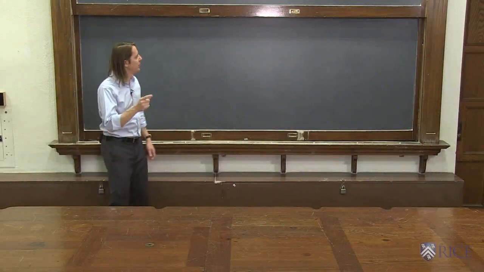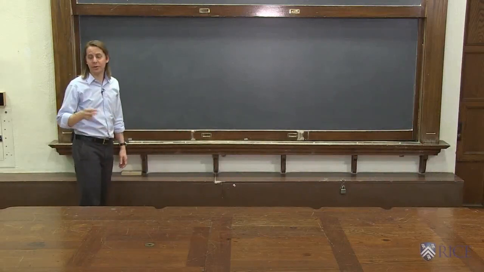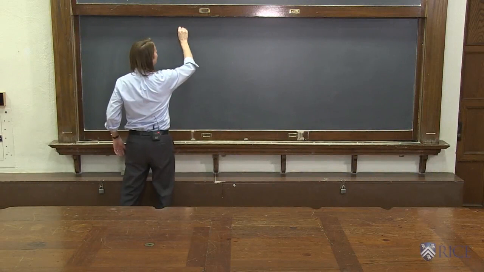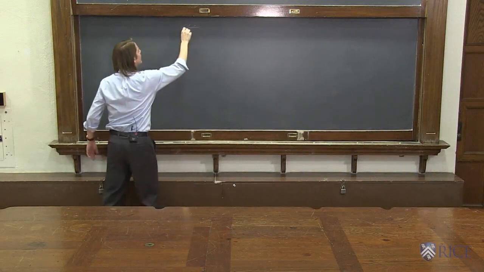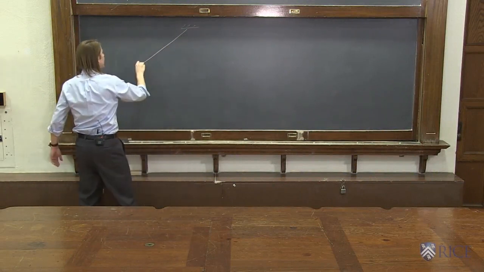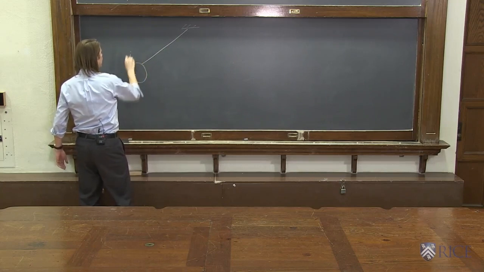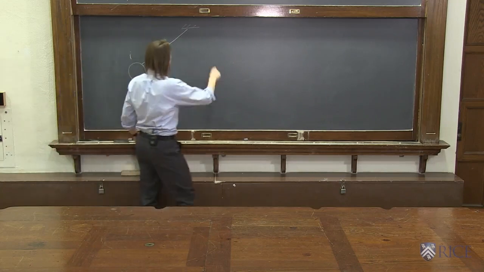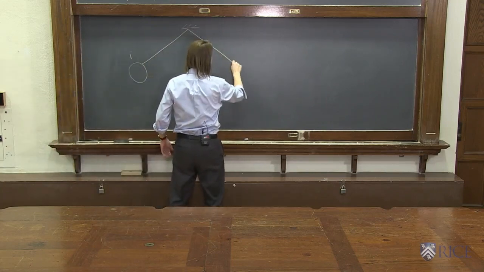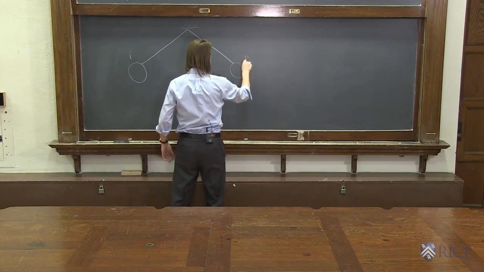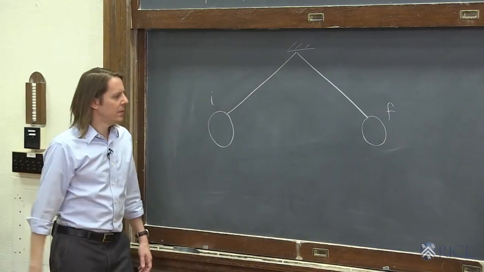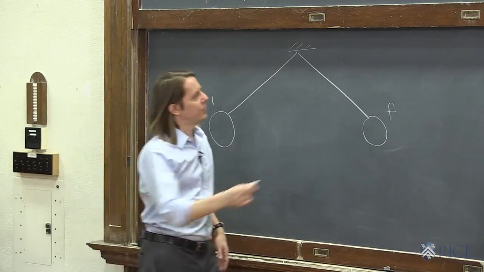There's another way we can demonstrate the conservation of mechanical energy with our bowling ball, and that is to release it over here. We'll call this the initial. Let it swing, see where it goes, and it's going to end somewhere around here, the final. Let's apply conservation of energy to that.